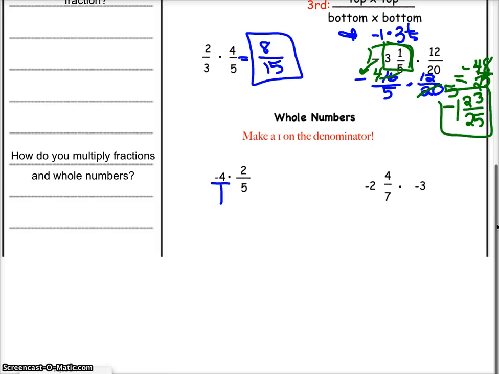Top times top over bottom times bottom. So -8 over 5. Simplify that down into a mixed number. 5 goes into 8. Notice I don't say negative. I know I'm going to throw that to the side. 5 goes into 8 one time. Make it negative. 3 left over. 5 is the denominator.